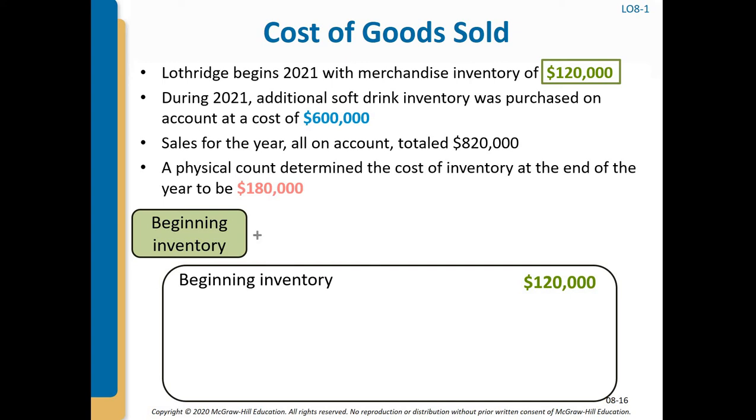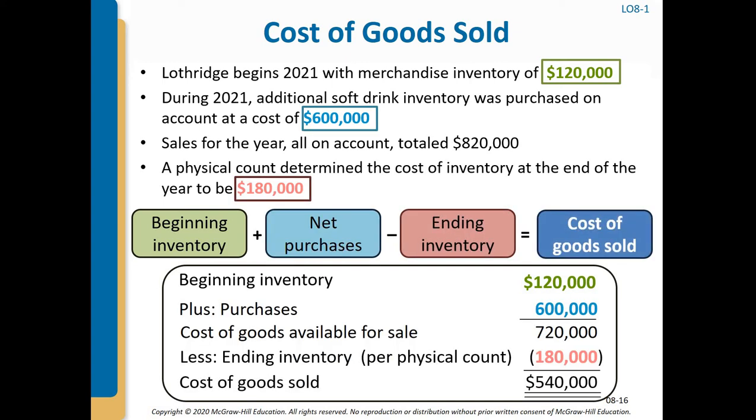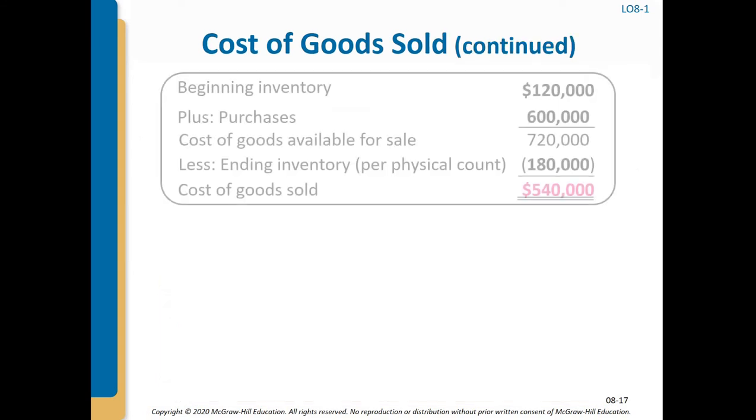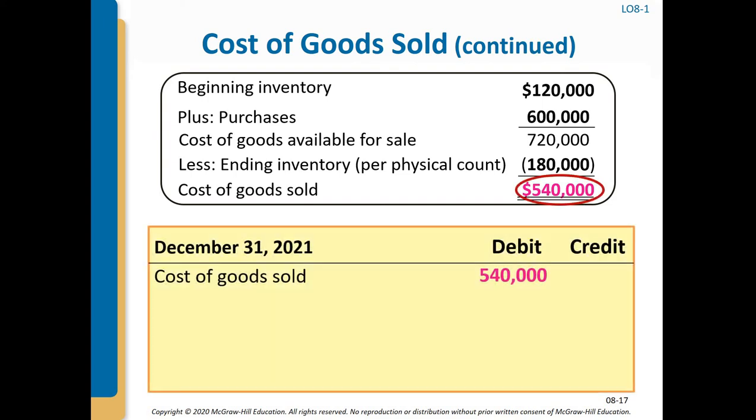So the beginning inventory 120, plus purchases, gives cost of goods available for sale of 720, minus ending inventory per physical count of 180,000. So finally, cost of goods sold is going to be 540,000.